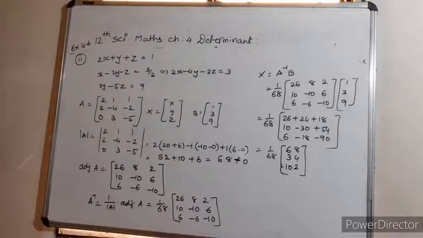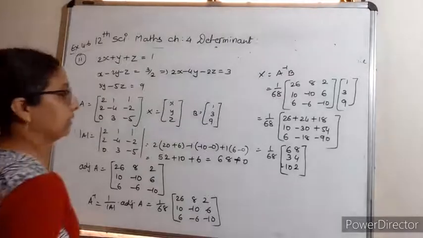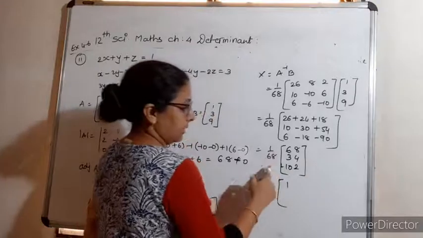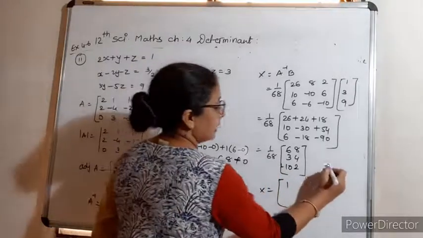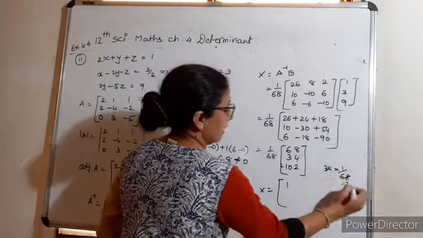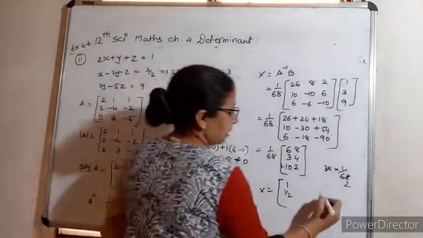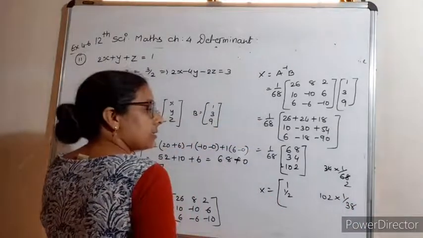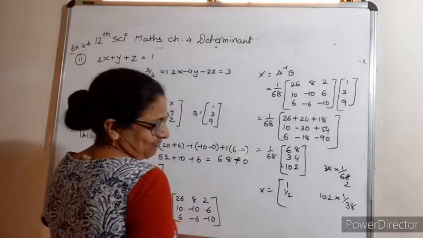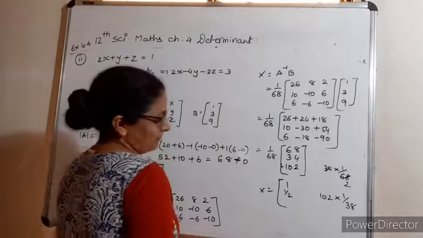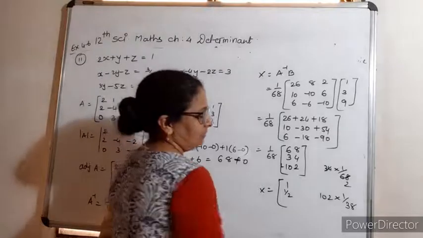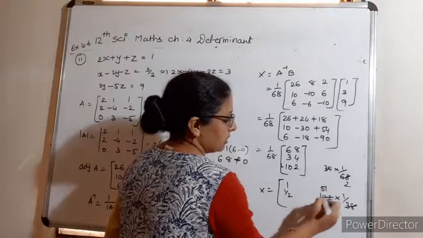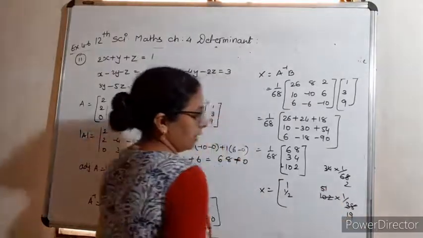Yes. Okay. So now our answer will be, let's check. It is 1. If you multiply, this is 34 into 1 by 68. 1 by 2. 102 into 38. 38, that is here it is 51 twos and 19 twos.